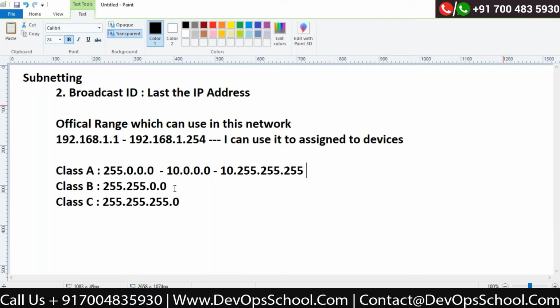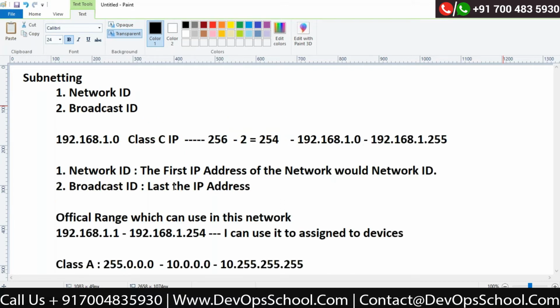Same thing for class B, 172.16.0.0 up to whatever the last number is. The first and last number for every network are reserved. You cannot use them. One is the network ID and the second one is called the broadcast ID. Remember that. Correct? Okay, I agree, no doubt about that. We understand the concept of what a network ID and broadcast ID are.